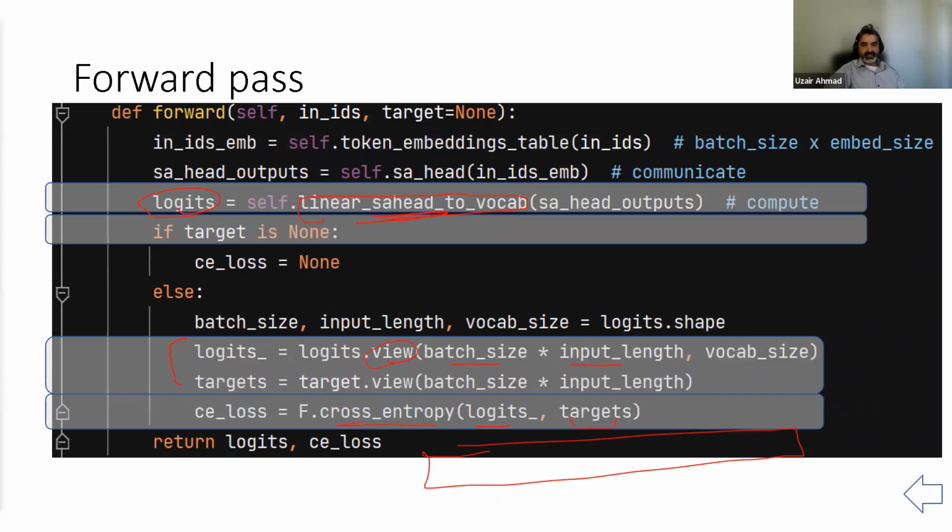So if target is 9, then the 9th position in this vector, if that value is maximum compared to all other values in the logits vector, then we are doing a good job. If not, then we are not doing a good job. That is calculated through cross entropy. And then we backpropagate it.